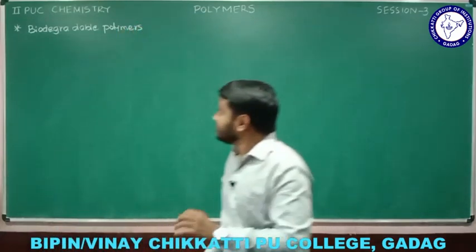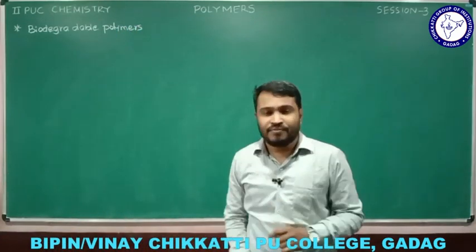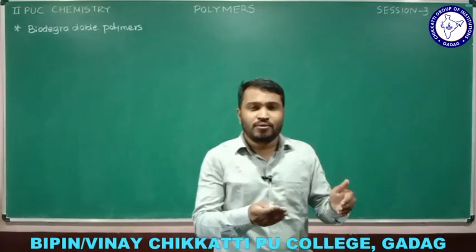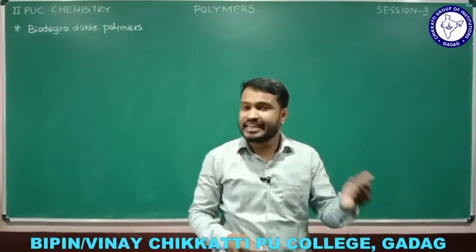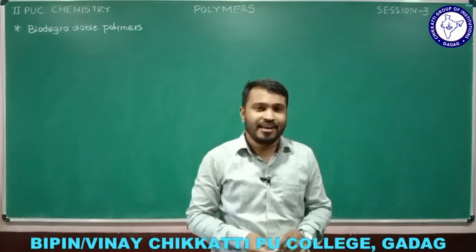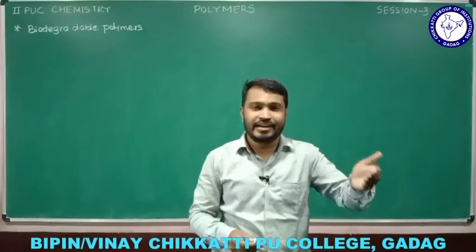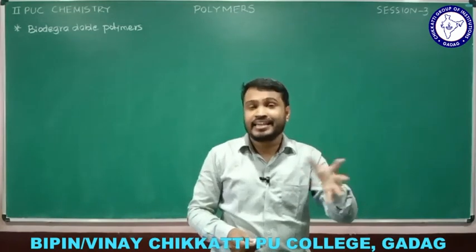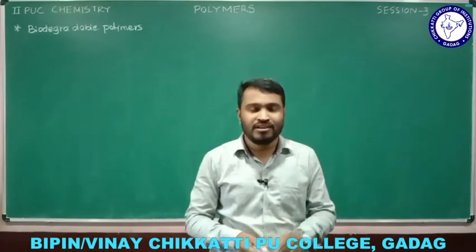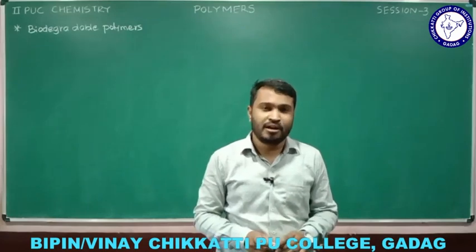As the name indicates, biodegradable: if a polymer undergoes decomposition or decaying by the action of bacteria, we call it a biodegradable polymer. Environmental degradation, environmental decaying or decomposition of a polymer, we call it biodegradable polymers.